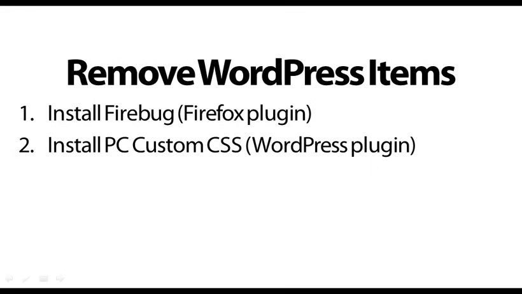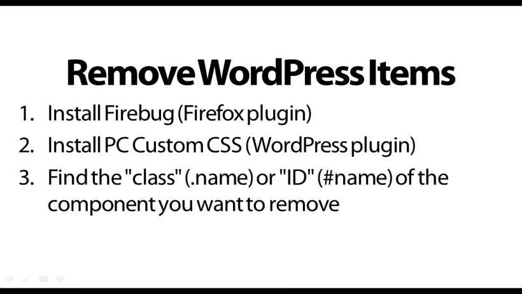That's what Firebug does. And then we install a WordPress plugin called PC Custom CSS, and once we find the class name or the ID name of a part of our web page, we can use this plugin. This is also a free plugin, and we can say hide this one part of the web page.